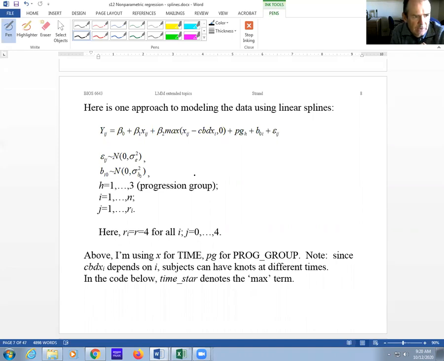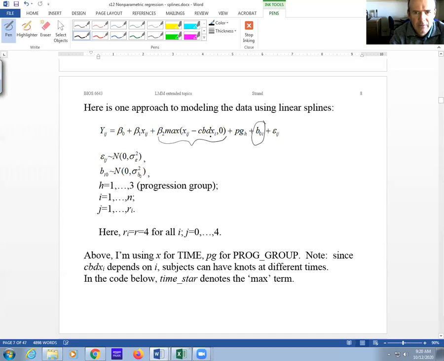Okay, so we're going to use just a regular mixed model for this, and I have a random intercept for subjects right here. And we have those other terms. So here's our spline term. And one thing you notice is I actually have a knot, but it's specific for each subject, because subjects may not progress at the same time, right?